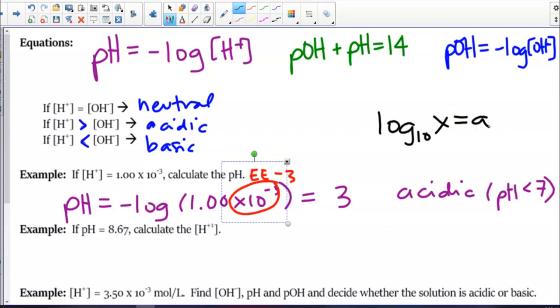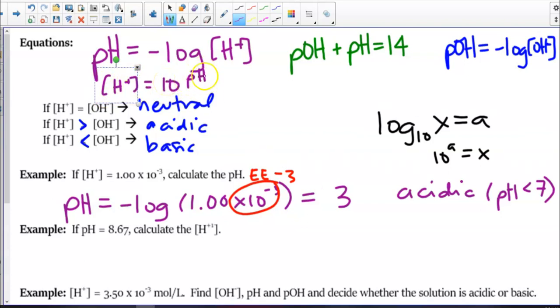To undo a log, I take that base 10 to the answer: 10 to the a equals x. So for this case, it'll be H+ equals 10 to the negative pH, and it's a negative pH because of our negative log. So it's just a matter of plugging it in.